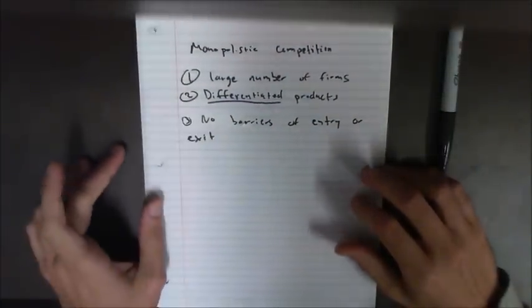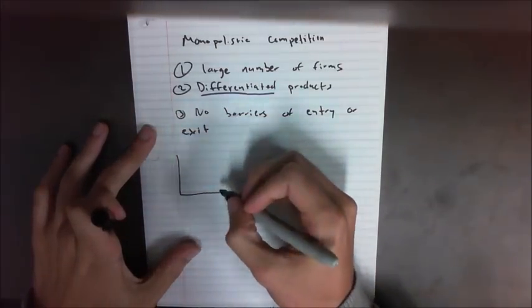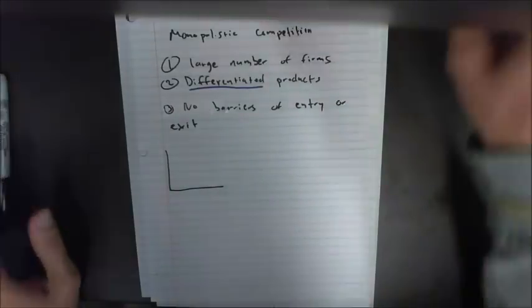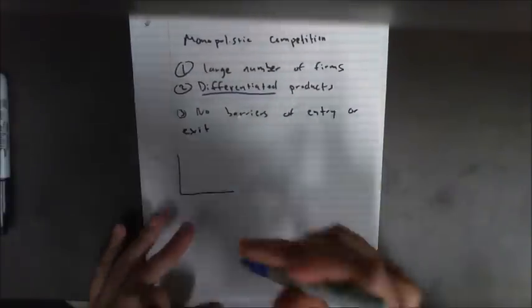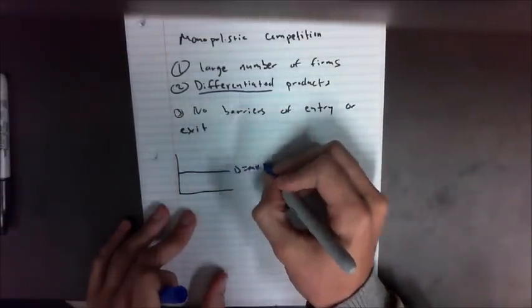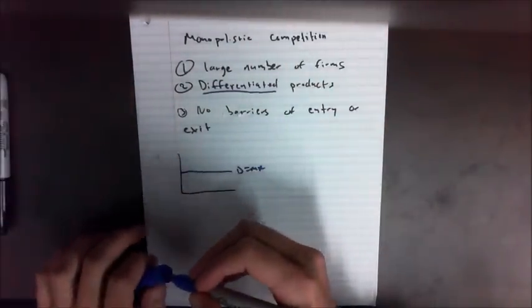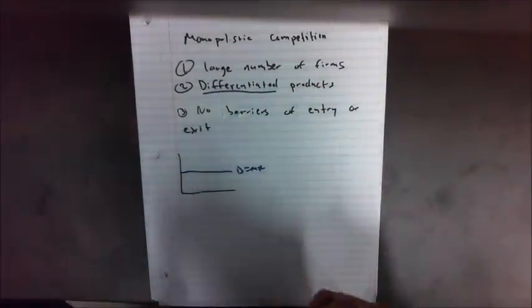We have differentiated products. In perfect competition, a perfectly competitive firm has a demand curve that looks like this. Demand is like this, and so is marginal revenue. Notice how it is perfectly elastic.